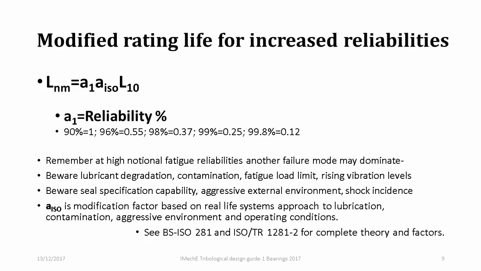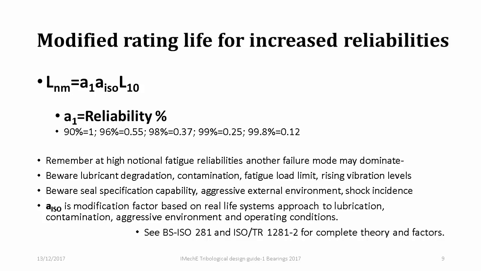So now I mentioned already we need to consider what reliability we require, because 90% survival may not be acceptable in your critical application. So we now introduce some modifying factors. These might be greater or less than 1, although usually they are less than 1.